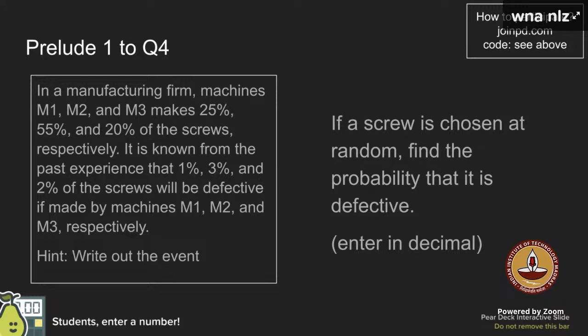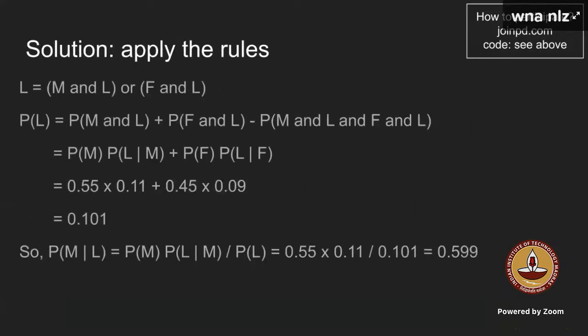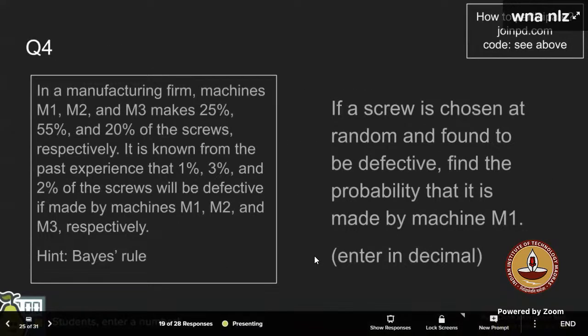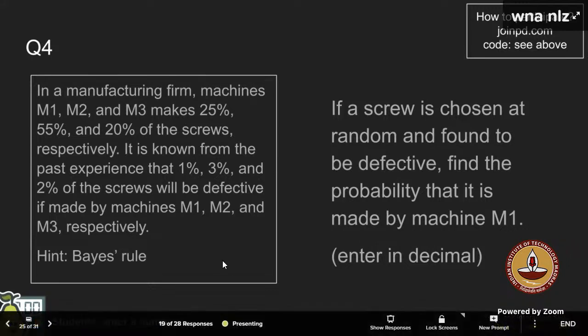Yes, of course it will be 1 when you are given that the screw is defective. If a screw is chosen at random and found to be defective, what is the probability that it is defective?